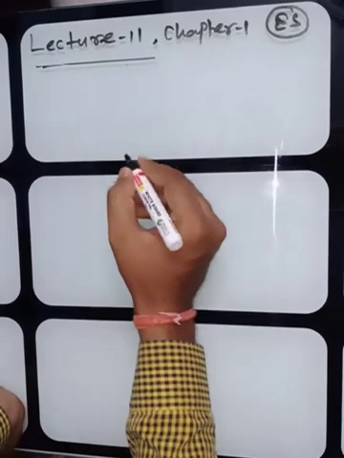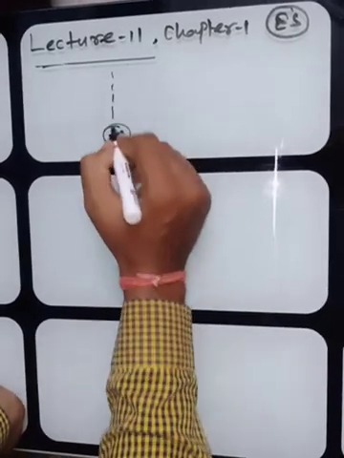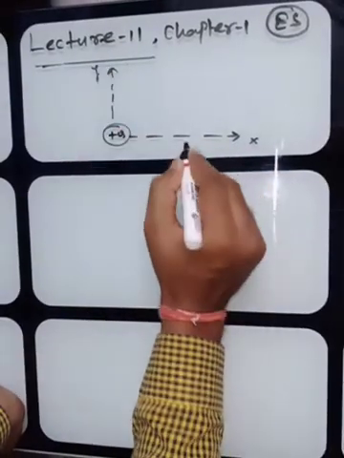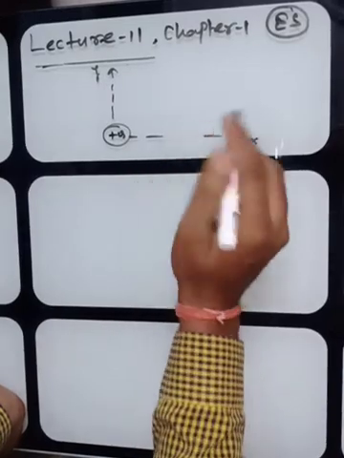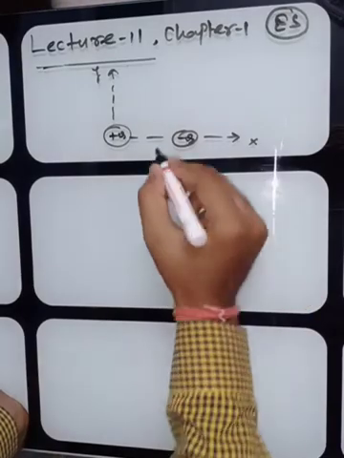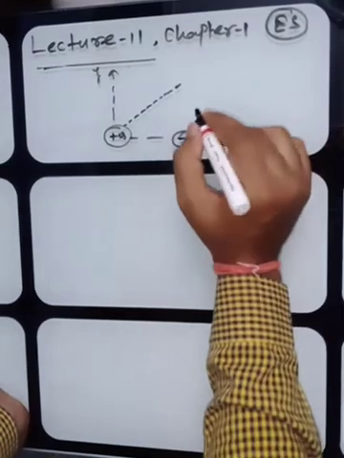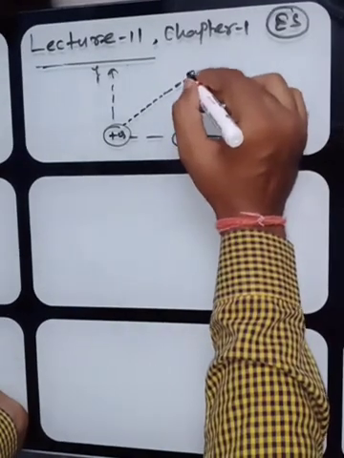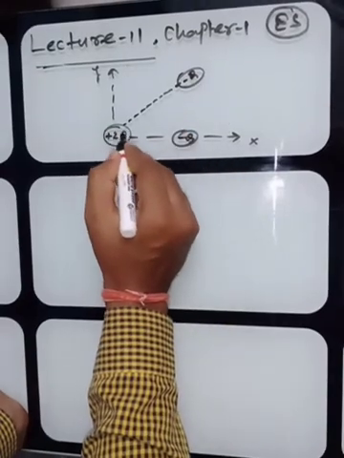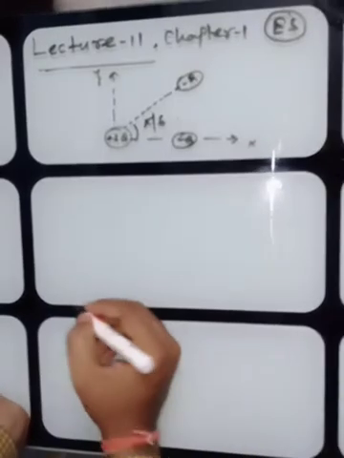Here, plus q, minus q, minus q, and in the charge it is placed minus q, so it is a plus 2q at pi by 6.